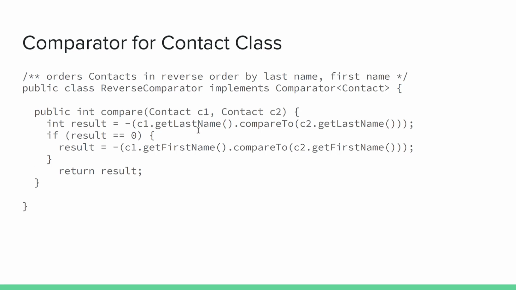So it doesn't have to compare the same things that the natural order would have compared. You as the programmer get to decide how you compare something. If you want more comparator objects to compare in different ways, you can create as many different comparator classes as you want that all implement the Comparator interface for the type of object you're comparing, and each one of those objects would differ by the code inside of its compare method.